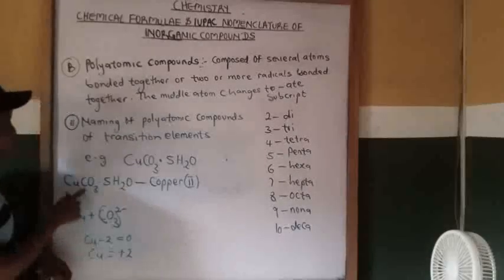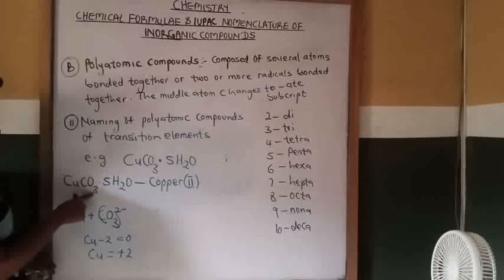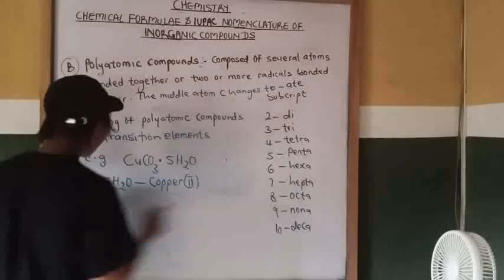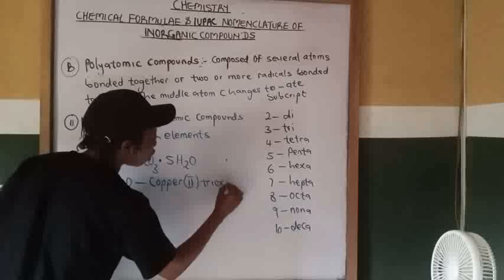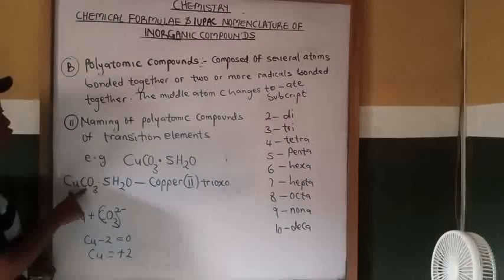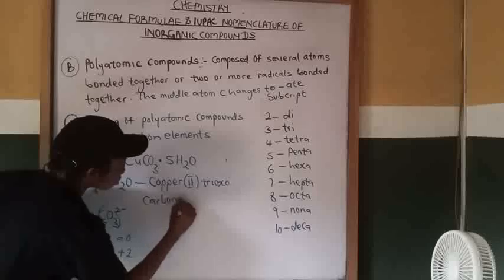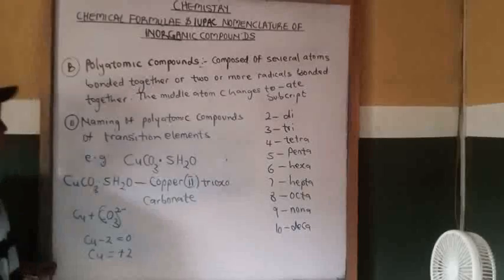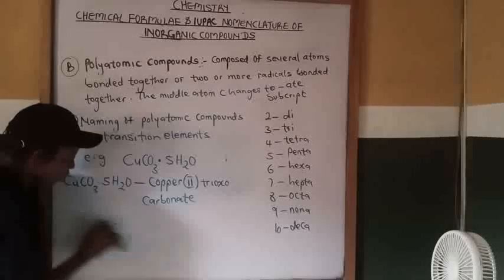Then oxygen we change to oxo. We have 3 subscripts of oxygen, that is tri, so we change to trioxo. Then carbon, the middle atom, changes to carbonate. We have to calculate the oxidation number of the middle atom.